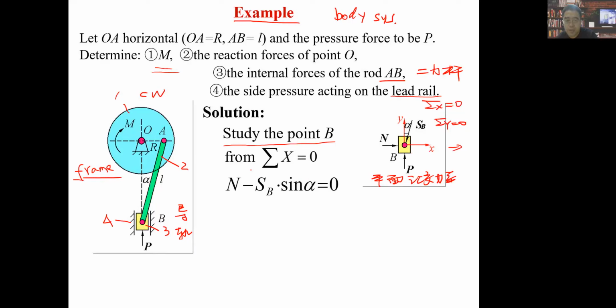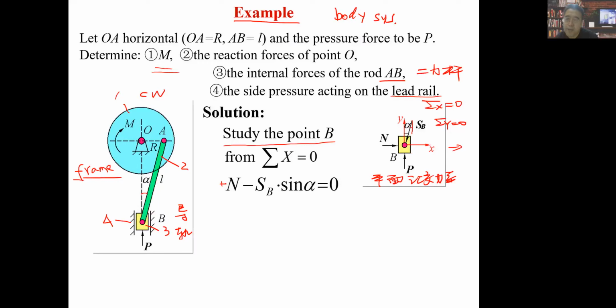When we write the equation sigma x equals 0, you can find from this very simple force analysis figure that we have N, and because this direction is along the positive direction of x, it has a positive sign. And SB, because this angle is alpha, we draw an auxiliary line parallel to the y-axis, so this angle also is alpha.